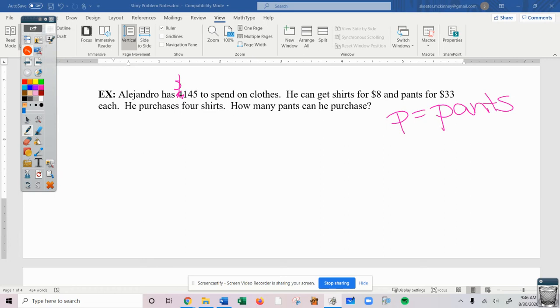He can spend $145 total. So we know we want to be adding some stuff up and setting it equal to the total of $145. He's going to get shirts for $8 each. Maybe it's a bargain bin, I don't know. And pants for $33 each.